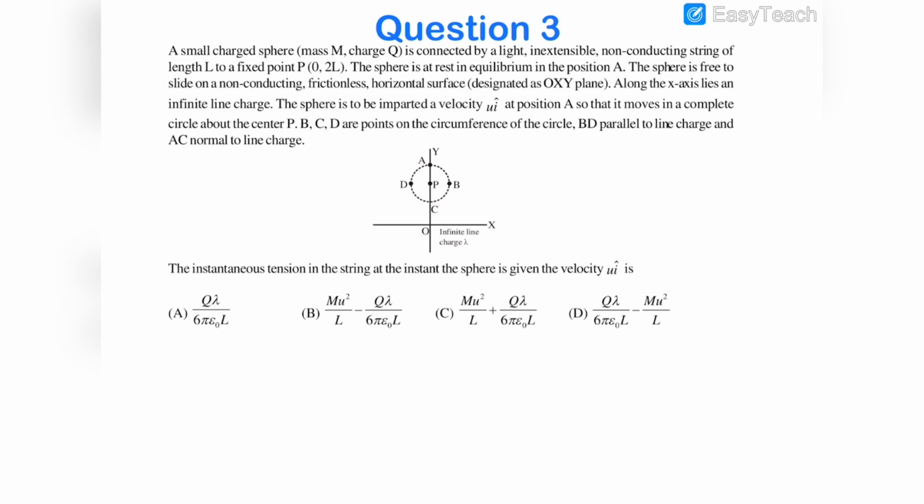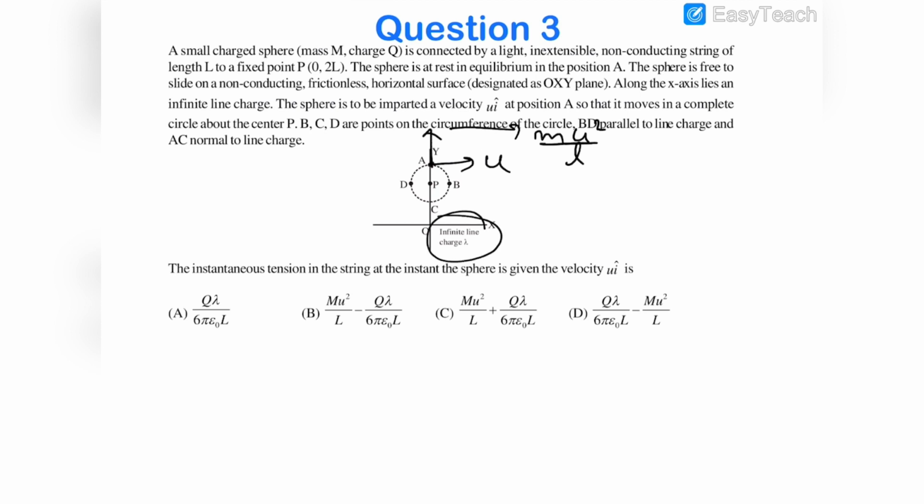So obviously this is quite an easy situation. We know that if we have given this velocity u, then there would be a centrifugal force mu square by L, where L is the length of the rope, and it is being balanced by the force applied by this infinitely long linear charge.